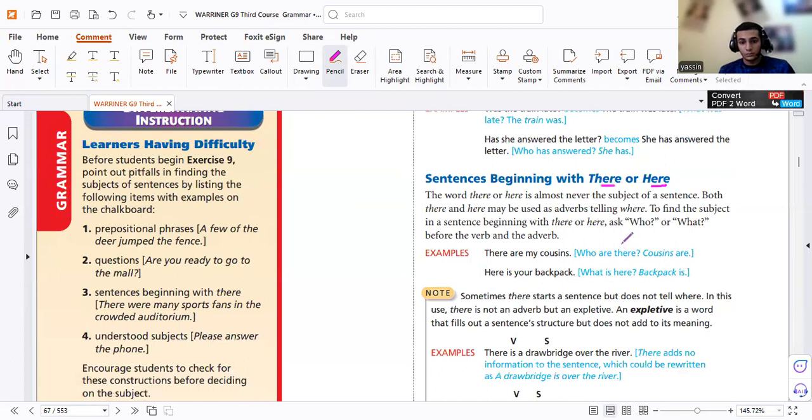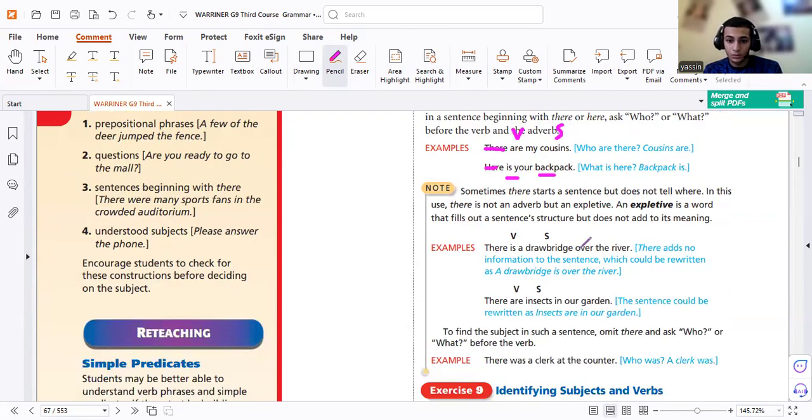And we agree the subject must be a noun or a pronoun. So this is an adverb, delete. So this is the verb and this is the subject. Look, prepositional phrase delete, adverb delete, verb and subject.